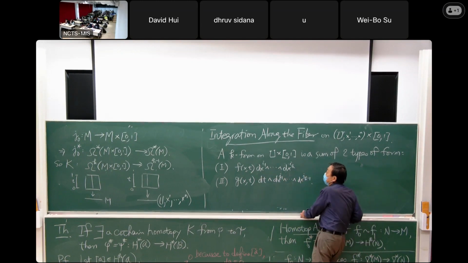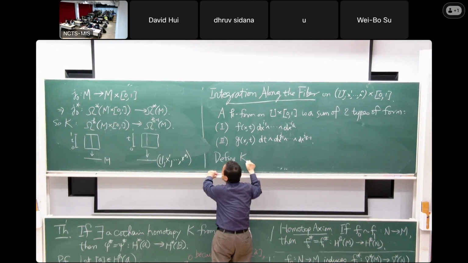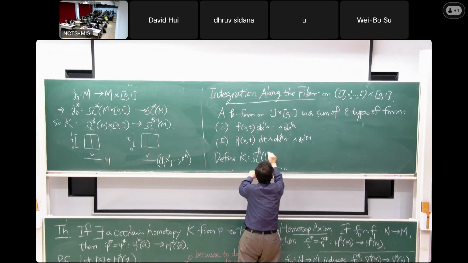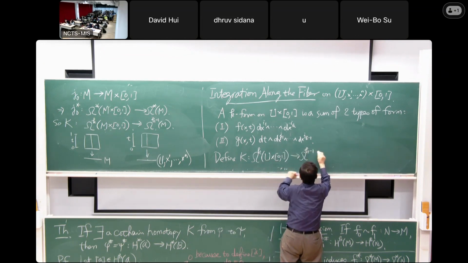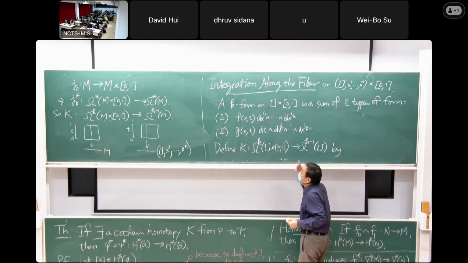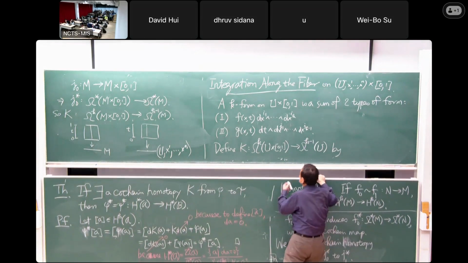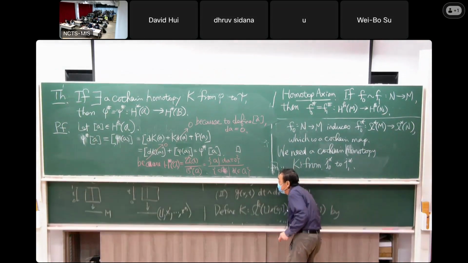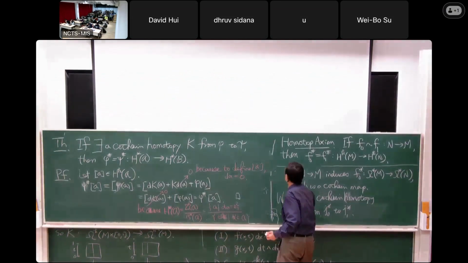And then define K from k-forms on U cross [0, 1] to k minus 1 forms on U by integrating with respect to t.